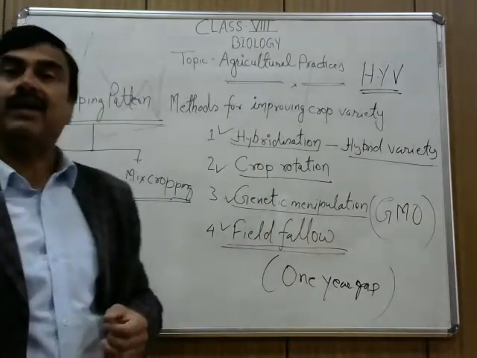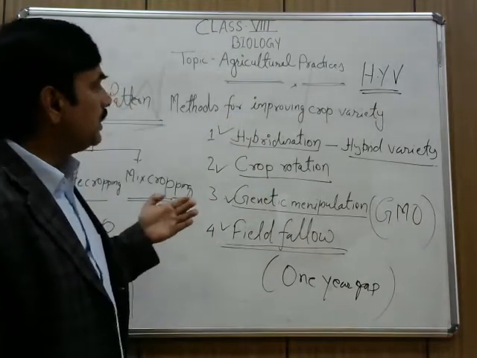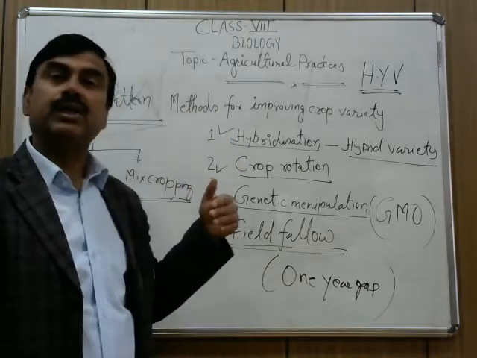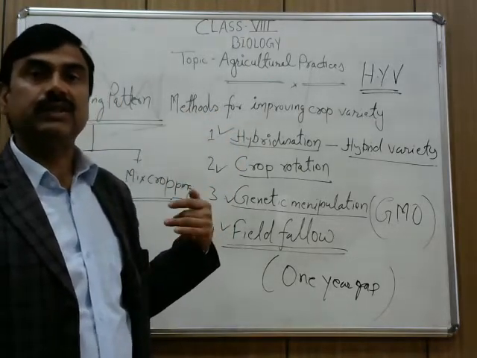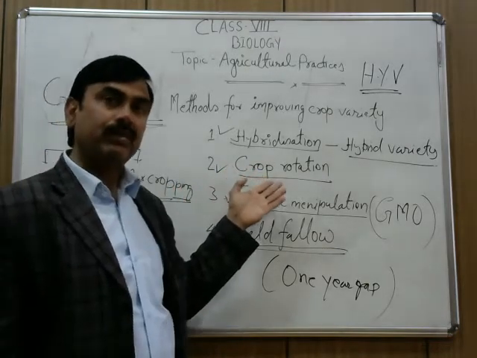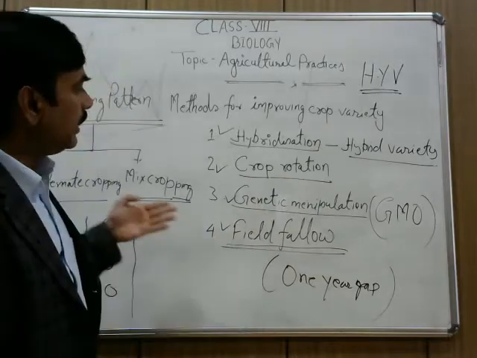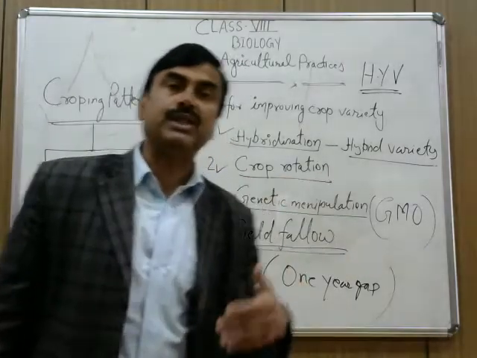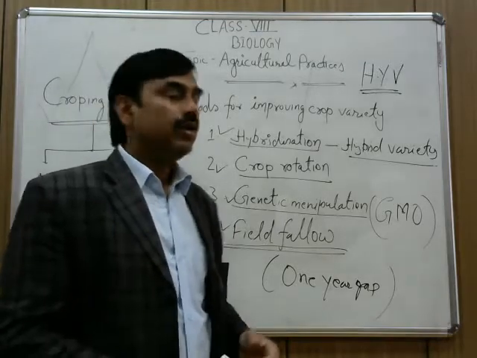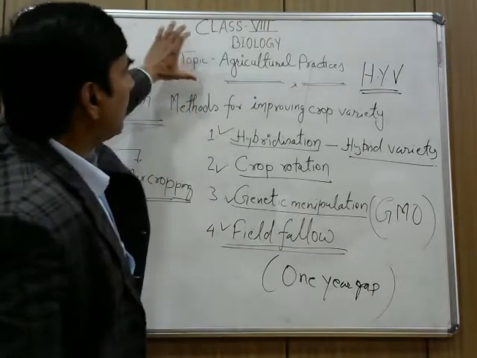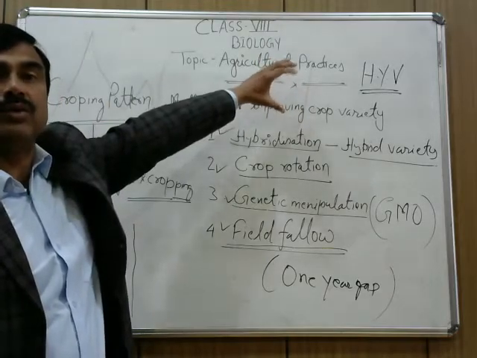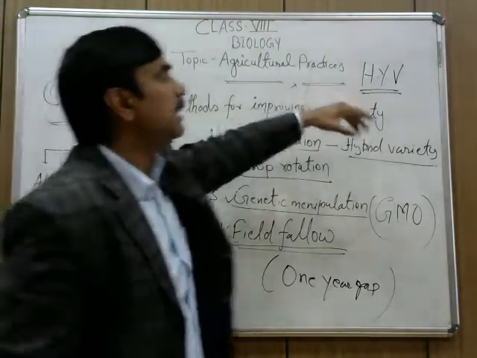You must put some example for the hybridization, for the crop rotation, which crop we are using for this crop rotation, what is crop rotation, what is the benefit of the crop rotation. Now genetic manipulation, what is genetic manipulation, then what is fallow field. So when you start the agricultural practices, you must think what we should do. We should adopt the high yielding variety.